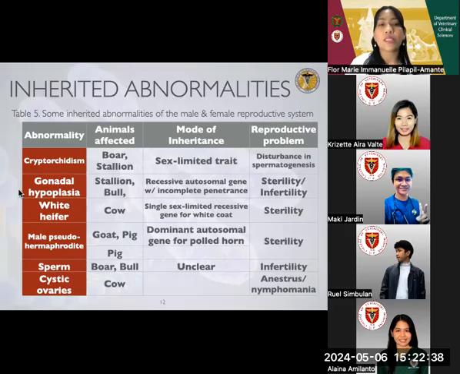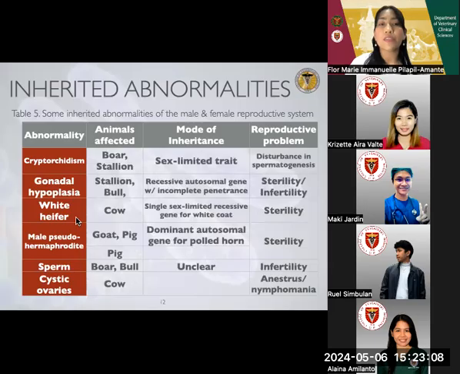Then for the gonadal hypoplasia, meaning the vulva or the penis is not developed properly, it could be because of a recessive autosomal gene. And since it is recessive, it has incomplete penetrance. So they're directly related. And because of this hypoplasia of the scrotum or the penis, there is then sterility or infertility.